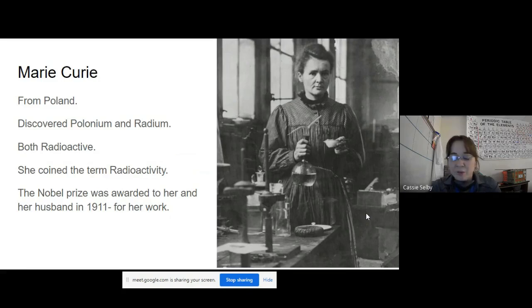And so because of her husband, even though he had very little to do with her work, they tried to issue it to him, and he refused, and so they issued it to both of them. So she got a Nobel Peace Prize awarded to her and her husband both for her work that she mostly did.